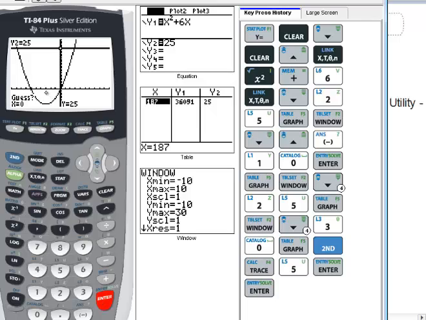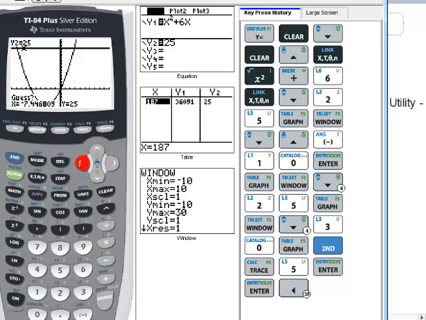And now it needs us to guess. So we're either going to guess the intersection to the left or to the right. So I'm going to scroll over to the one on the left. And I don't want to get too far ahead of myself by hitting the left arrow key. There's a little bit of lag time with my computer here.